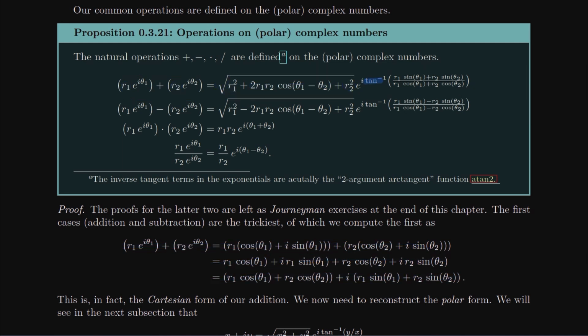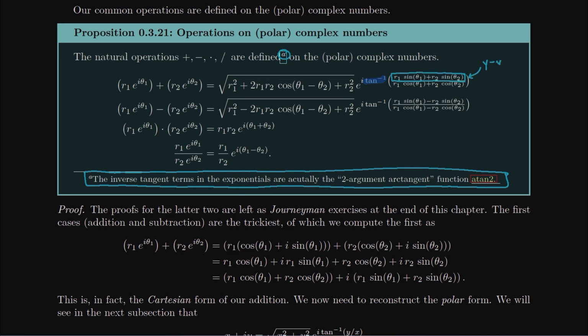And then we'll talk about this tan inverse up top. I have a little footnote here that says the inverse tangent terms in the exponentials are actually the quote 2-argument arctangent function, atan2, and that'll take you to a link that describes that. What this tan inverse function does when it has a double argument, atan2, is it takes the numerator here and associates it to a y value in the xy plane, and it takes the denominator and associates it to an x value in the xy plane.